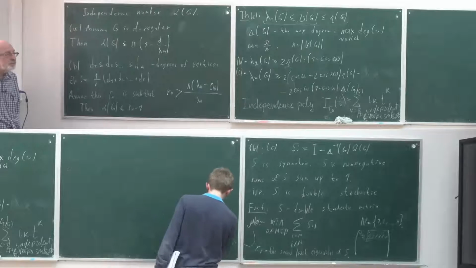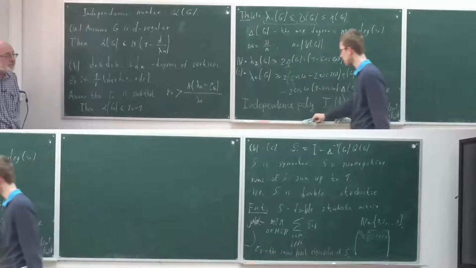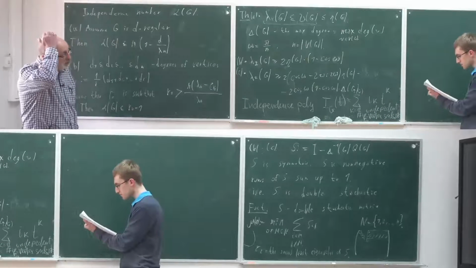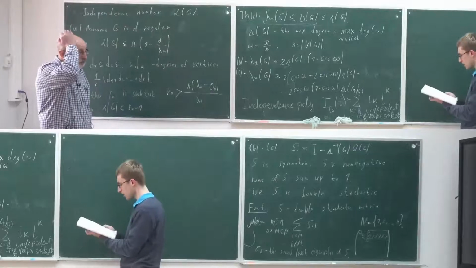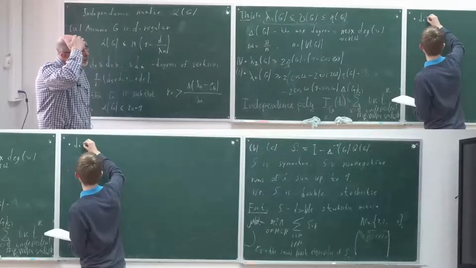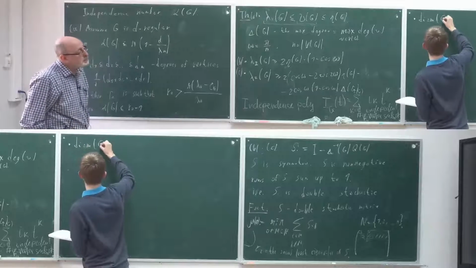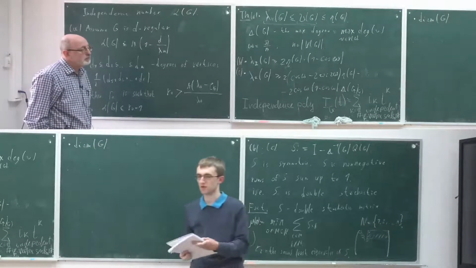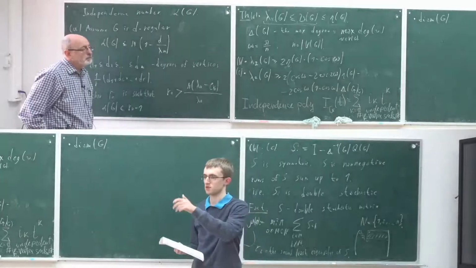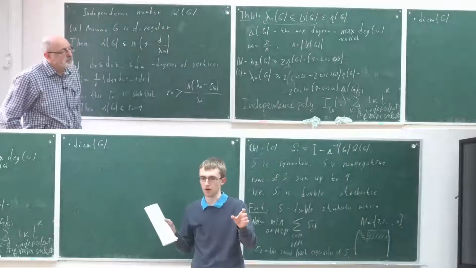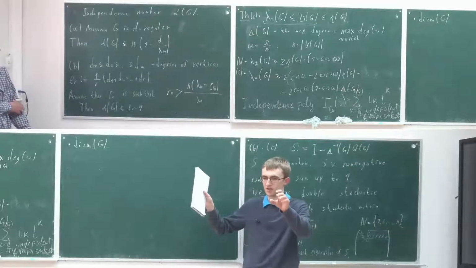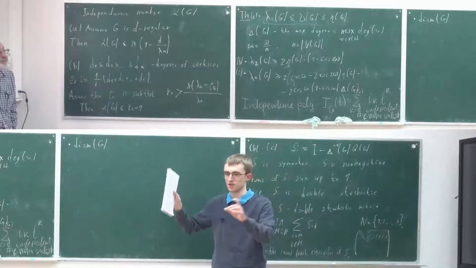Well, now I will formulate a couple of more curious results. So, firstly, let us consider the diameter of the graph. Between any two vertices of the graph, we can define the distance between these two vertices. It is the length of the shortest path between them, and the maximum of distances through all pairs of vertices is the diameter.